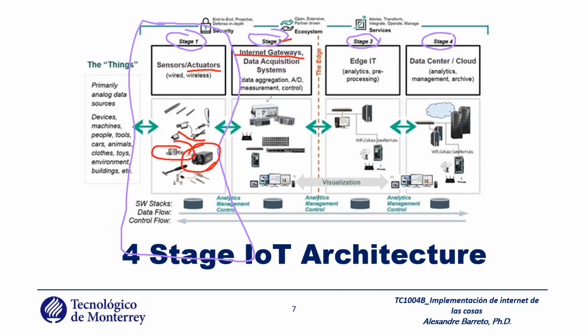The internet gateway is like your router in your home, the wireless router that you have from the internet provider. This router provides, for example, a lot of services in your home. For example, it provides the internet access, okay?